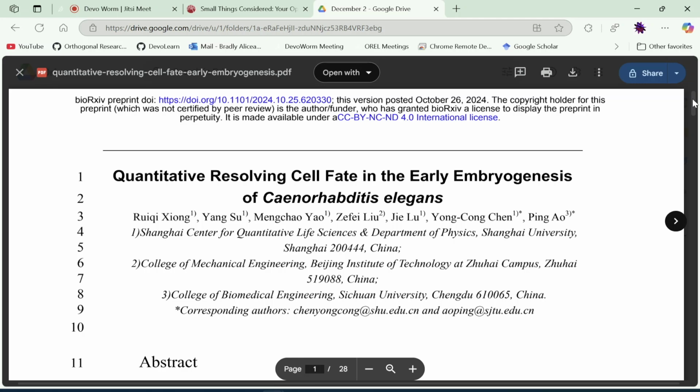in early C. elegans. We know that, for example, it's a deterministic process, meaning that you start out with a 2-cell embryo where you have basic polarity at an anterior and a posterior end. And those 2 cells produce 8 founder cells. And then those 8 founder cells go on to produce different types of tissue, different types of organs.